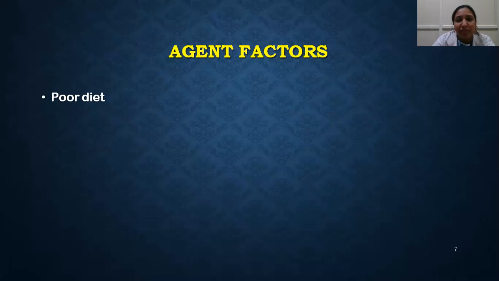We have talked about the different kinds of nutrients which the human body requires: the macronutrients, the protein, fats, carbohydrates, or the micronutrients, the vitamins and minerals. If any one is lacking and not well maintained, not taken properly, it results in malnutrition. Okay, so the diet is very important.